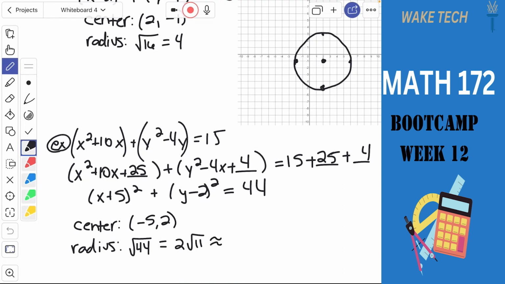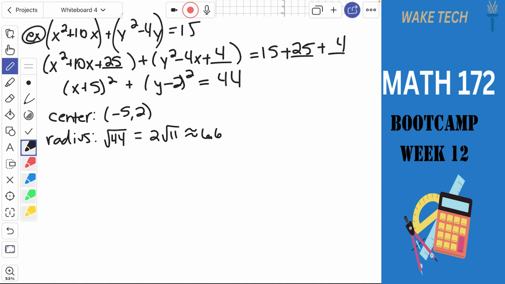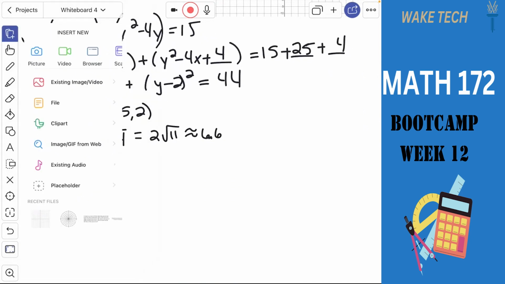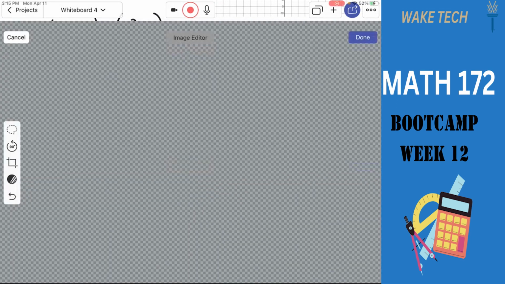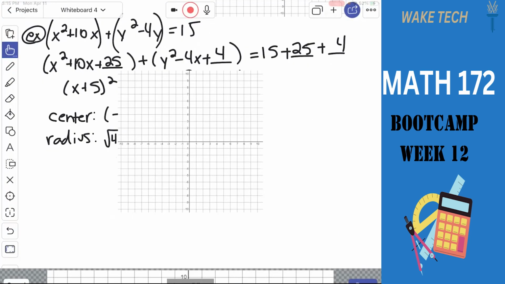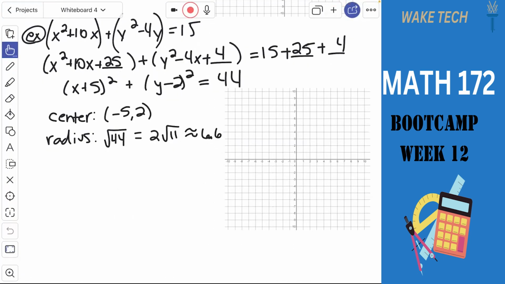We're going to create the graph, so I'm going to get an approximate answer for that. 2 times the square root of 11 is approximately 6.6. So to create the graph, we would first plot the center, negative 5, 2.